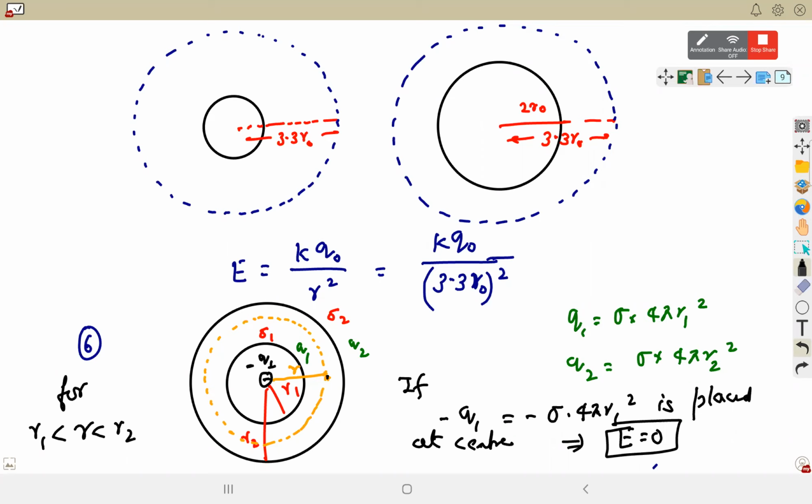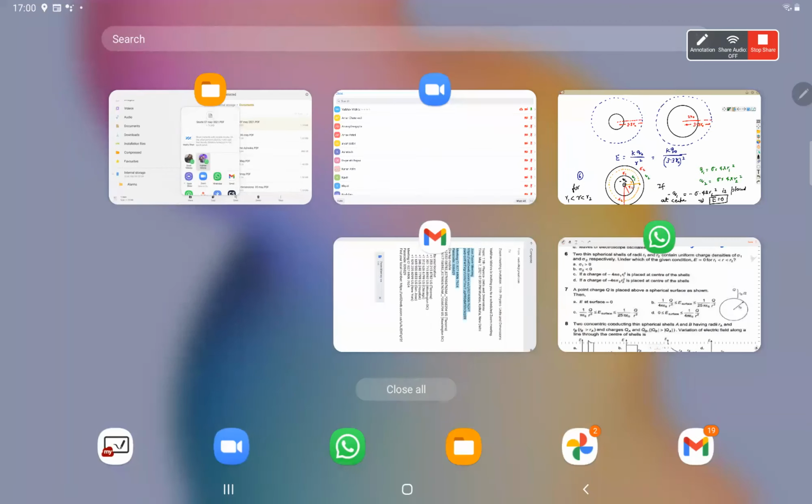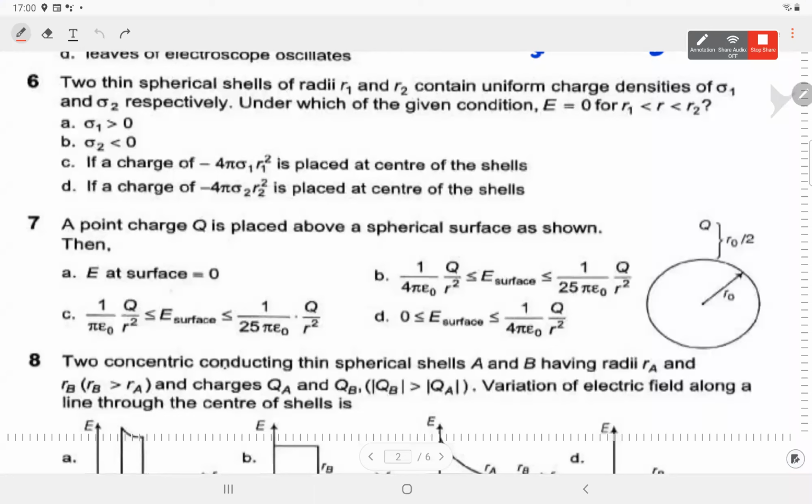Minus q1 at the center, q1 on the first surface, total becomes 0, and that makes the total flux 0, electric field 0. So answer to question number 6 is C. A charge of minus 4 pi sigma 1 r1 square is placed at the center of the shells.